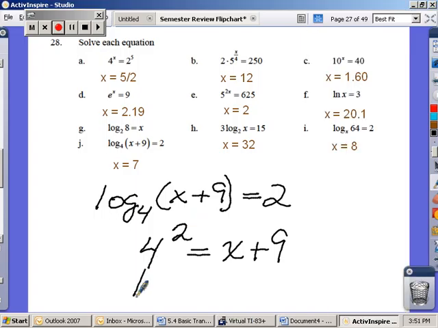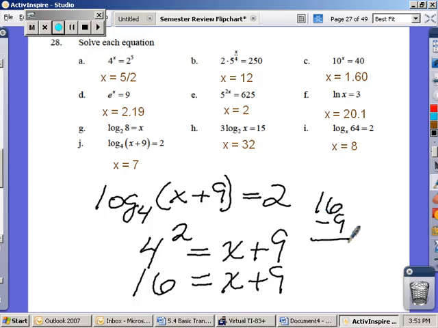Enter. 16. 16 is equal to x plus 9. What do I do to solve for x? Subtract 9. So 16 minus 9 is equal to 7. So 7 equals x.